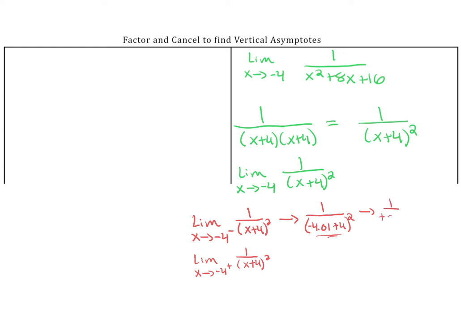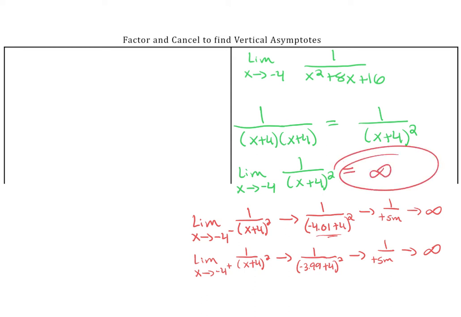So 1 over a positive small number will approach positive infinity. And then the other way, 1 over negative 3.99 plus 4, well, that's already going to be positive, and then you square it, it's going to stay positive. It'll be a positive small, so they will both go towards positive infinity. So that means this limit equals positive infinity.